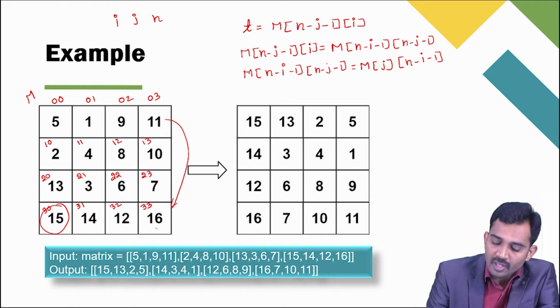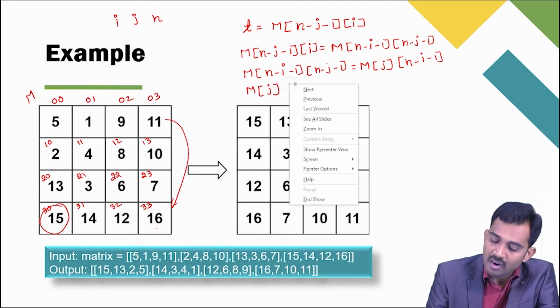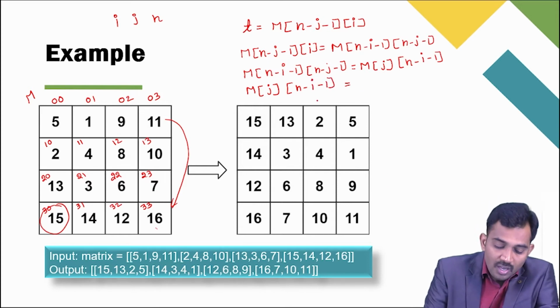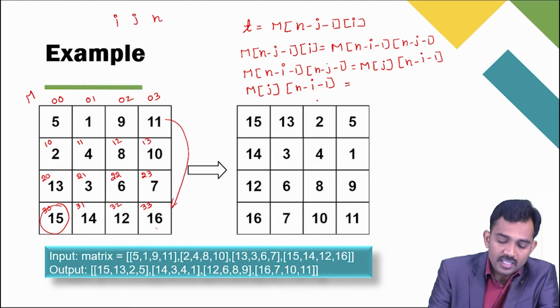Then same. M of j of n minus i minus 1 equal to, so this value comes to here, right? This is ij.